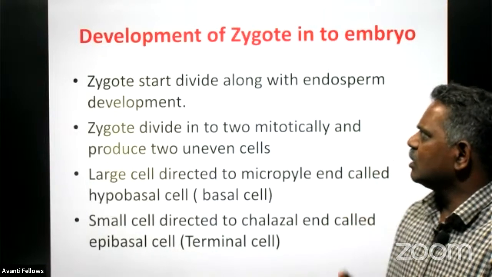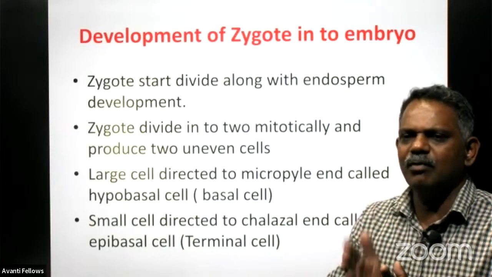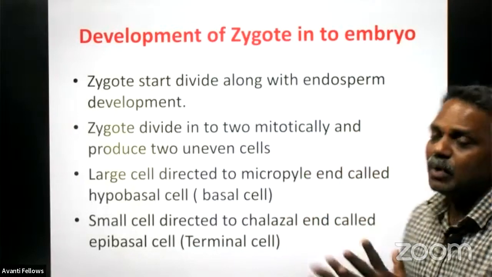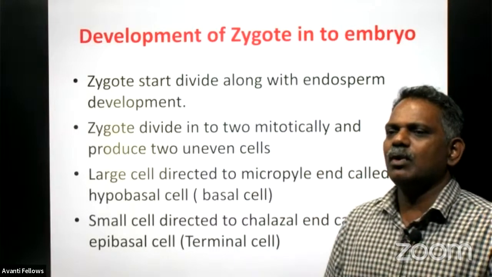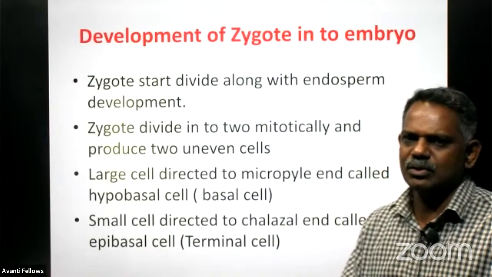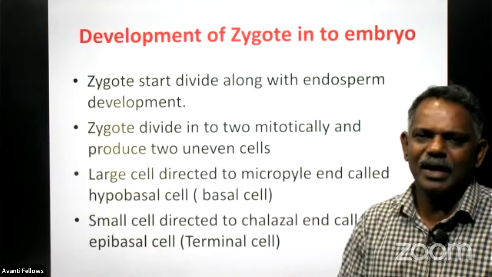So naturally, the zygote is diploid, and this diploid zygote divides, develops and produces the embryo. So naturally, the embryo also gets the diploid number of chromosomes. And this embryo later develops into a plantlet.